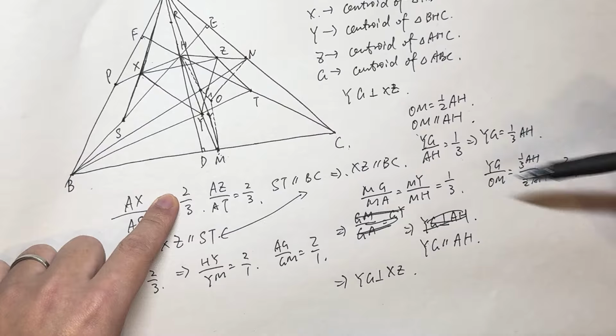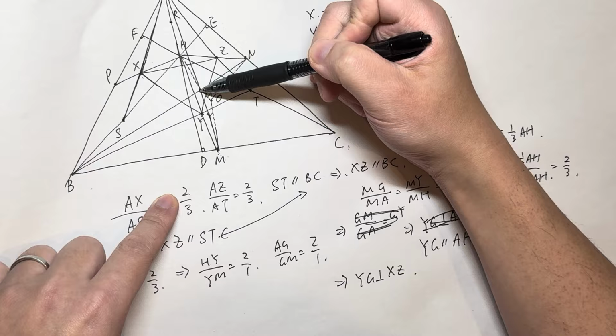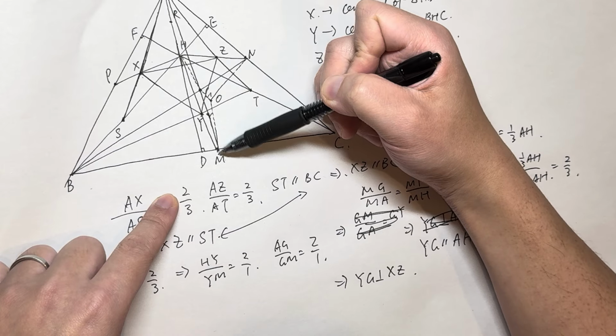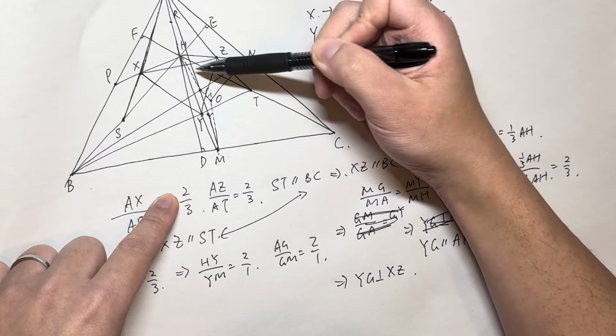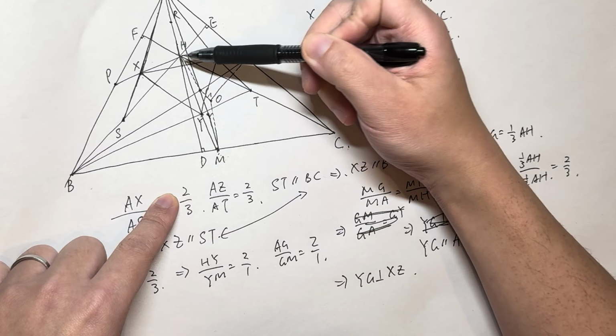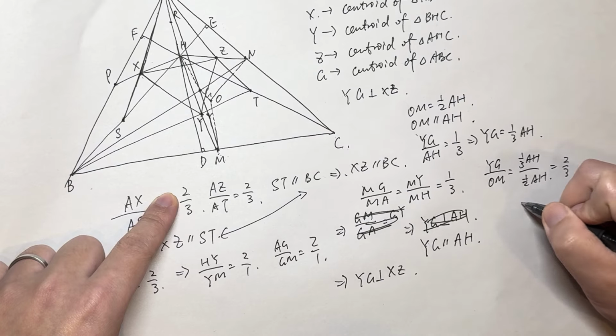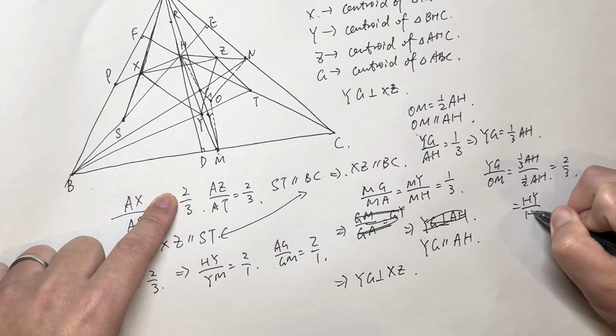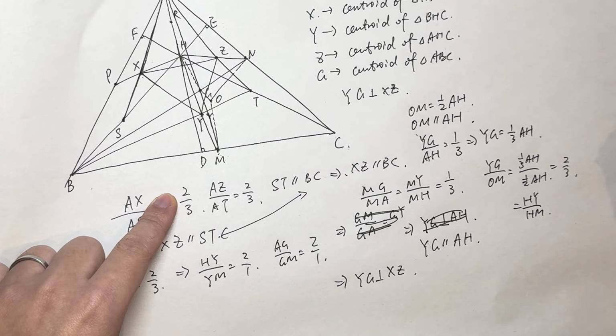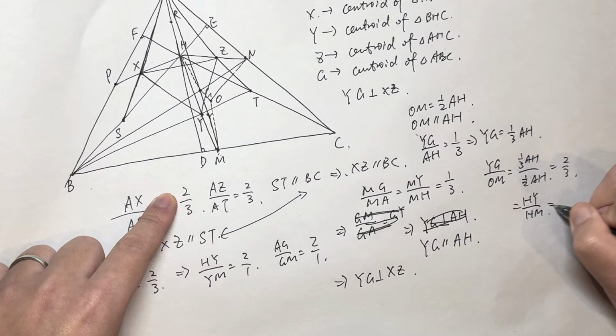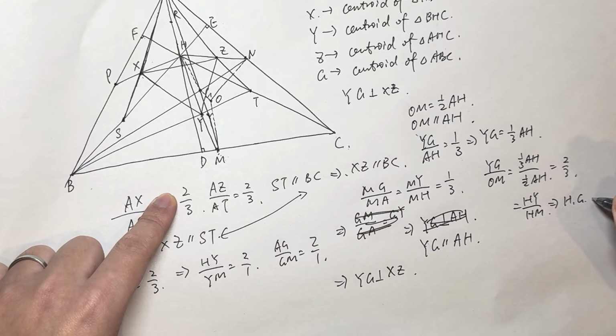Right? That's YG to OM. And YG to OM equals HY to HM, which means H, G, O are collinear.